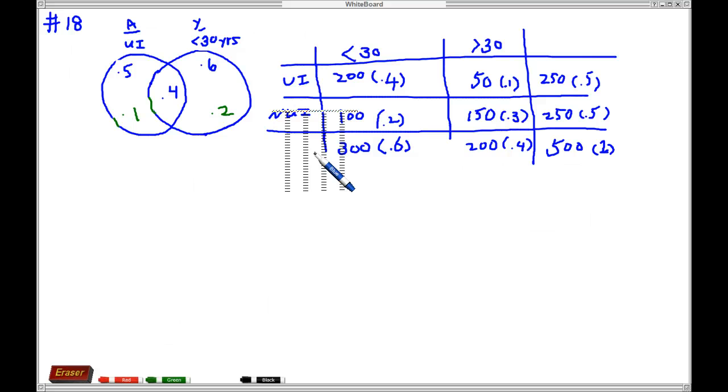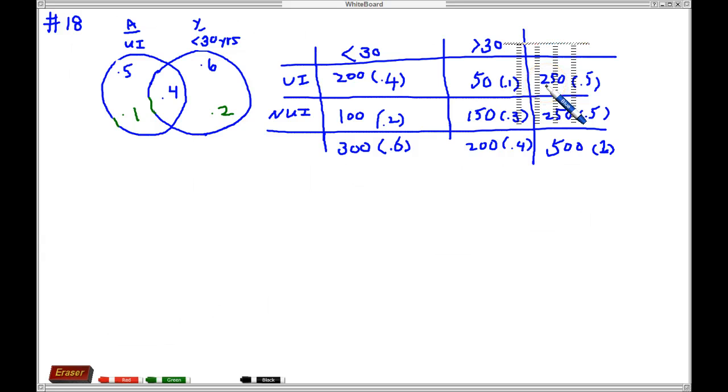That will be 0.25, which comes from the 50 out of 250. So not under 30 years old, and then under the influence. So in this case 50 out of 250, that will be 25%.